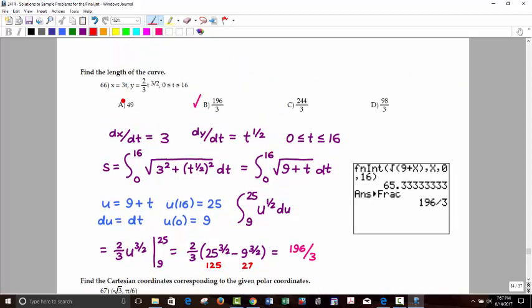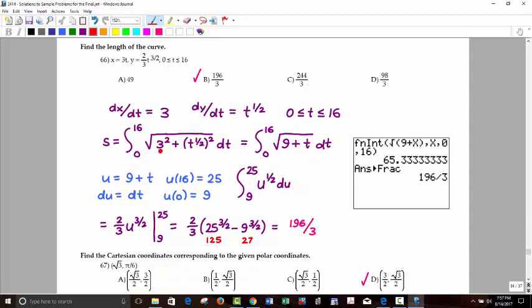So if x equals 3t, dx/dt would be 3. And dy/dt, the derivative of 2/3 t to the 3/2, would just be t to the 1/2. 3/2 would cancel the 2/3. And we're integrating from 0 to 16.